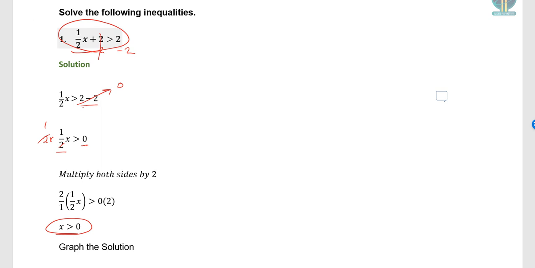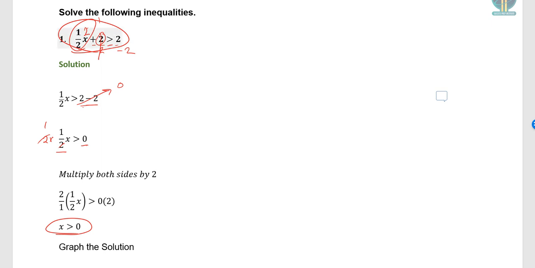So 1 half times 1 is 1 half, plus 2 is 2 and a half, which is greater than 2, right? Let's try 2 for x. 1 half times 2 is 1, plus 2 is 3, which is greater than 2. So anything greater than 0 works.